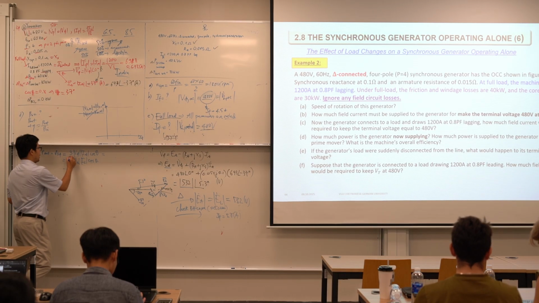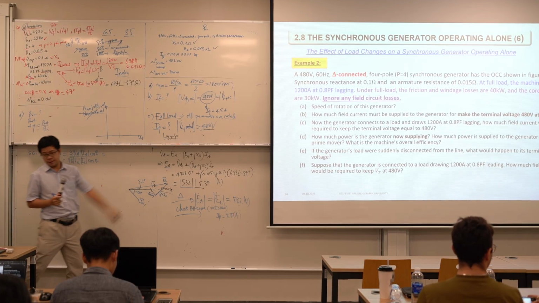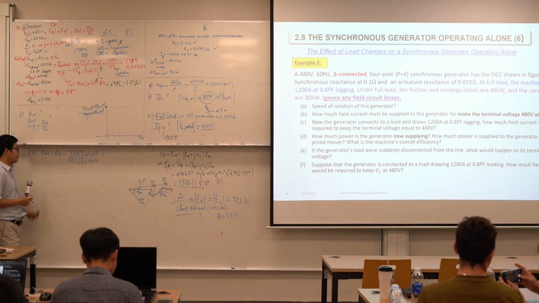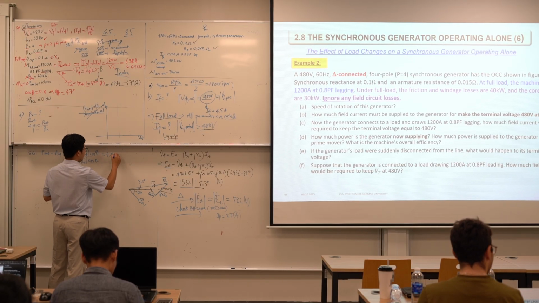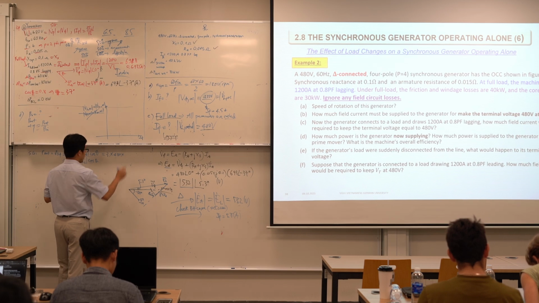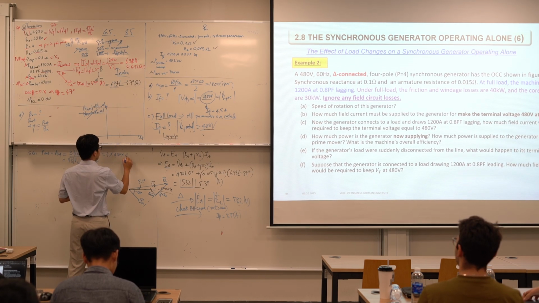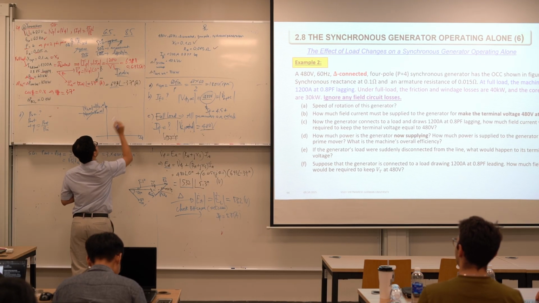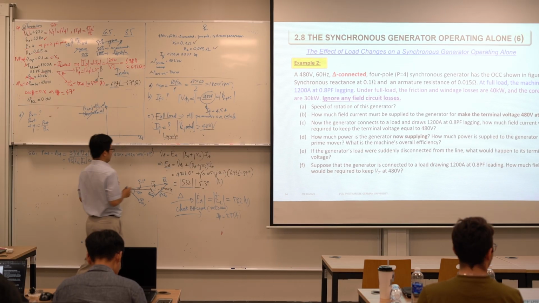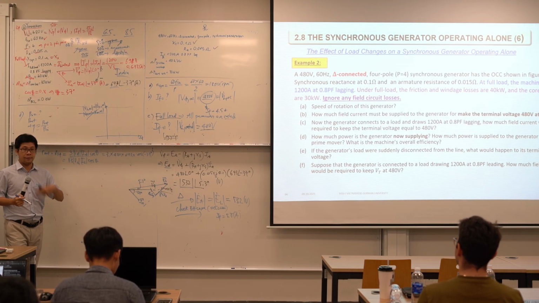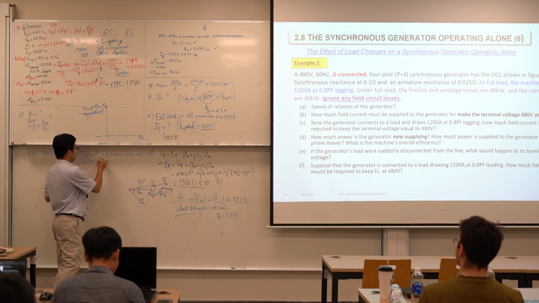For me, I like the first one, because this is phase, every calculation is phase. So you get 3, V phase how many? 480. IA how many? 693. How about theta? Here, cosine minus 37. So you get how many please?